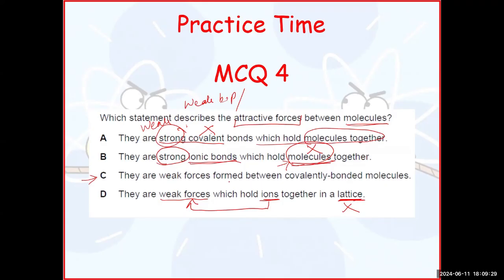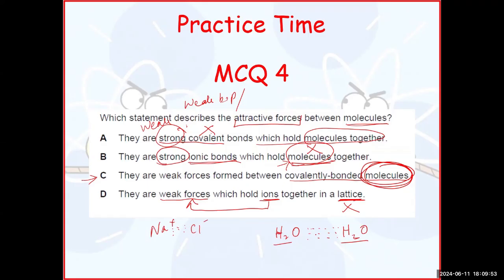They are weak forces formed between covalently bonded molecules. Like if I'm saying H2O and H2O, these are two molecules, right? The force we are talking about exists between them, not like ionic compounds, which have forces between the ions within the substance.